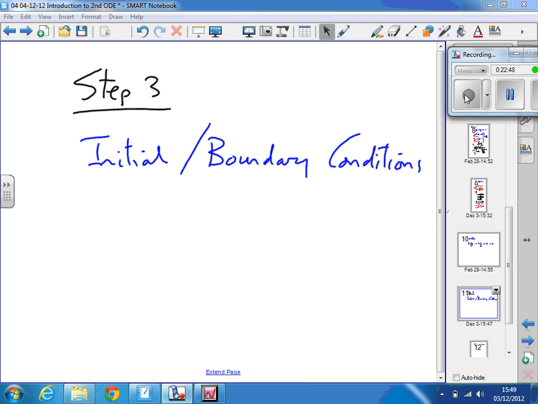So if we say at x equals 0, and remember x is often time, we're going to let y equal 2, so it's initially displaced, and we're going to let dy by dx equal minus 5.